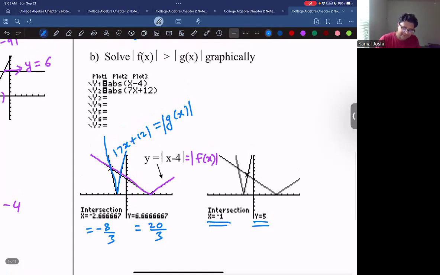Now, where is f of x greater than g of x? If you look at the graph, there is one region clearly, and that region is what I highlighted just now, in that V shape, the part in between which is cut off. That is where f is greater than g. The purple one is f.